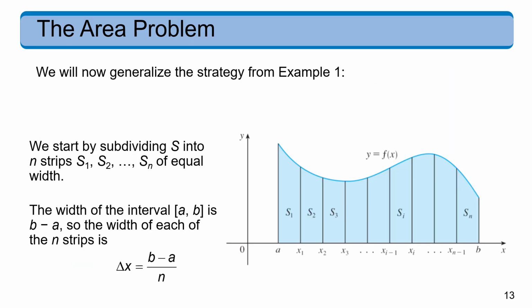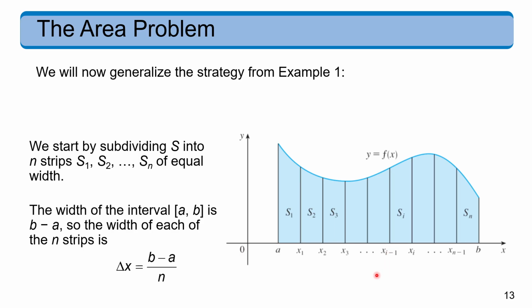Now we're going to generalize the strategy we just developed in the last example. So here we have some general region defined by this function f of x as the top, and then we're restricting it to an interval from a to b on the x-axis. So the shaded blue region is what we're trying to find the area of.